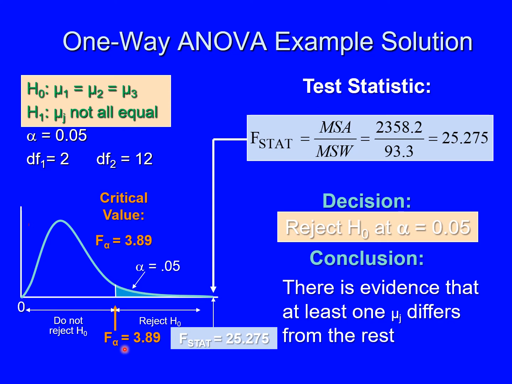This is the rejection region, and the other is the non-rejection region. We compare the computed F with the critical value. If it is bigger, it comes in the rejection area, and that's the case here. It is much bigger than the tabulated F.